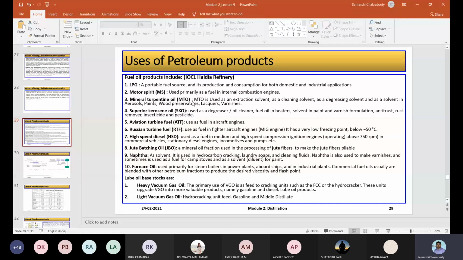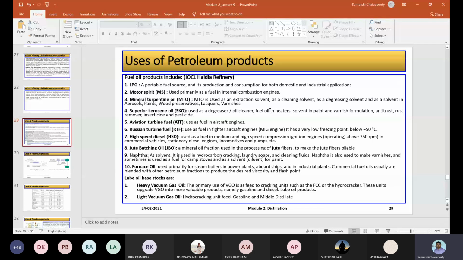Mineral turpentine oil, MTO, you can utilize as an extraction solvent for cleaning purposes, degreasing purposes, or as an aerosol, paint or wood preservative. Superior kerosene oil, so kerosene, you can use for anti-rust, as an insecticide or pesticide, as a solvent in paint and varnish formulation. Other than that, for home, like small heaters, kerosene can be used as a fuel.